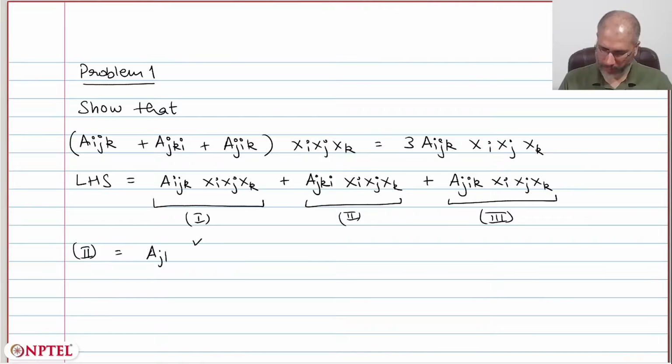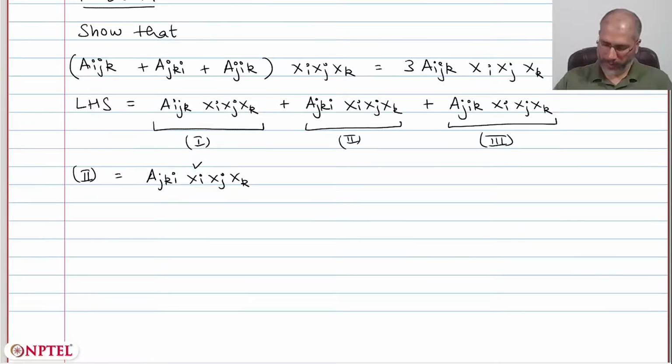2 is ajki times xi, xj, xk. So we can see that the indices i, j and k in this term are all repeated indices, that is, they are dummy indices. So they can be replaced with some other index if we want. So we will try to write this in the form of aijk.